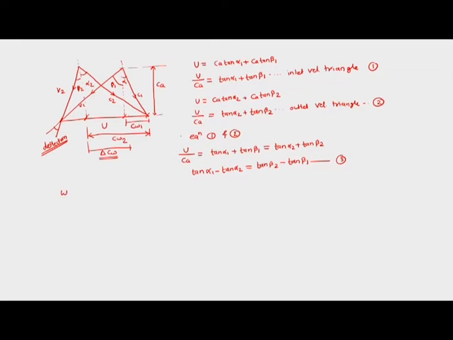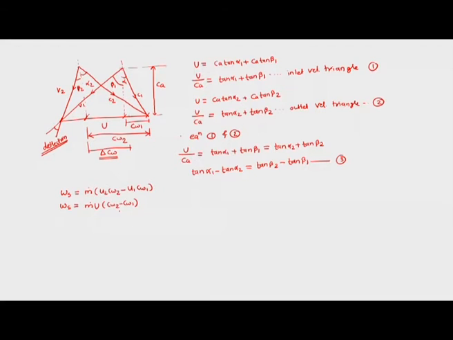So the stage work of a compressor, or shaft work requirement for a compressor, is equal to m dot into U2 CW2 minus U1 CW1. We know this formula, this is the Euler turbine pump expression. So Ws is equal to m dot, but U2 is equal to U1, since we are working on the same mid plane height. So that is what our U is. So which is CW2 minus CW1.